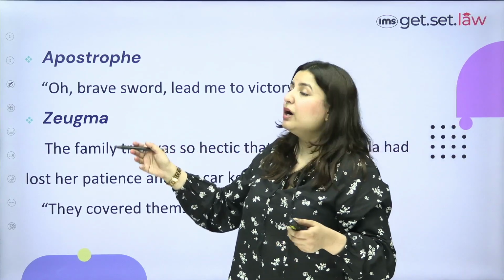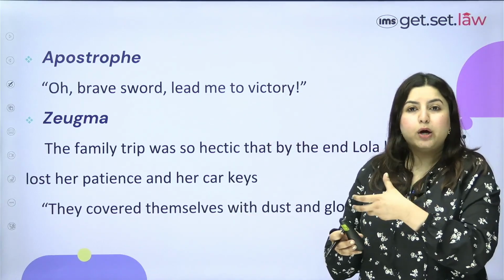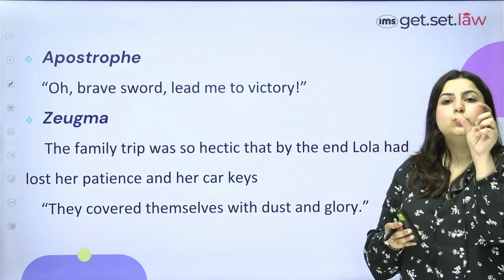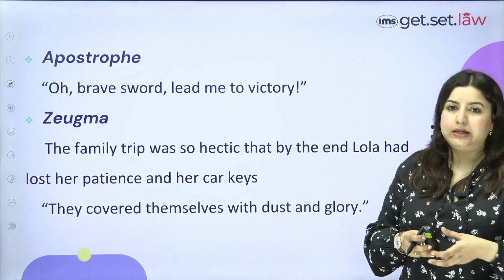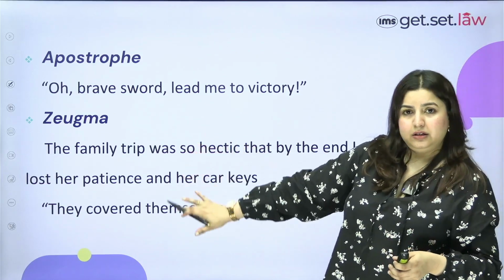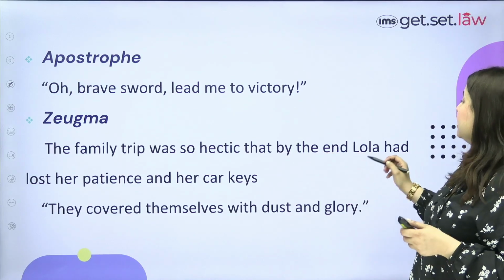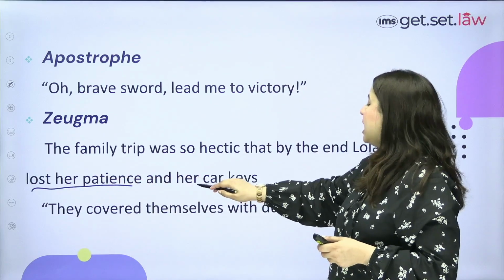And then we have zeugma, which has also become quite popular these days. Not that you know what it is, but you end up using it subconsciously. Zeugma is when you use one phrase which governs two words but in different contexts. For example, take a look at this statement. The family trip was so hectic that by the end, Lola had lost her patience and her car keys.